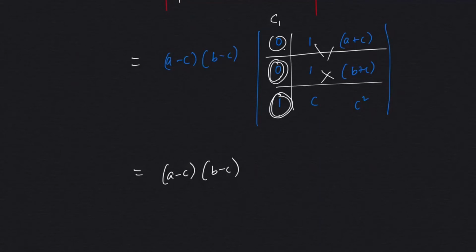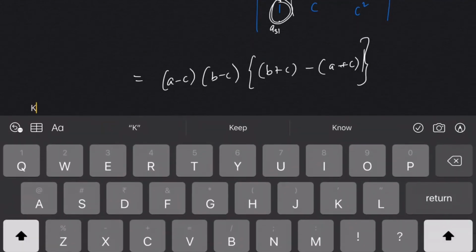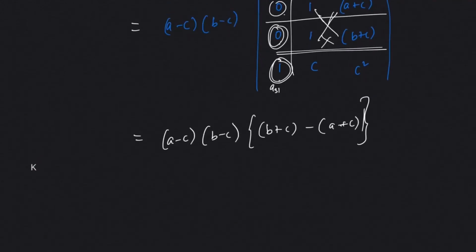This is the element of position 3 1, so the sign will be positive, no problem. Leaving this row, we get B plus C minus A plus C, just following the concept of minors.